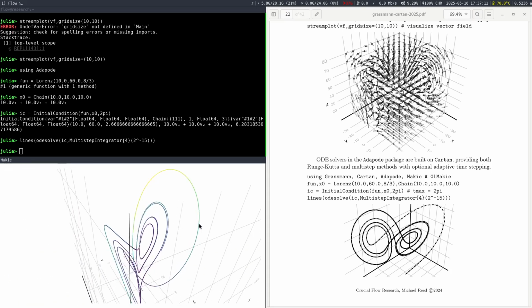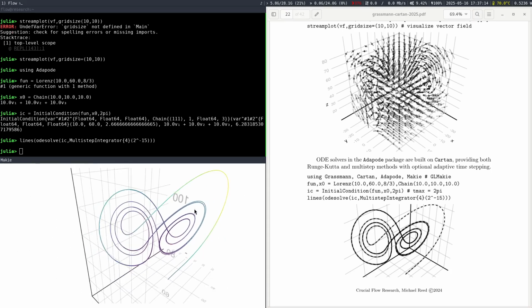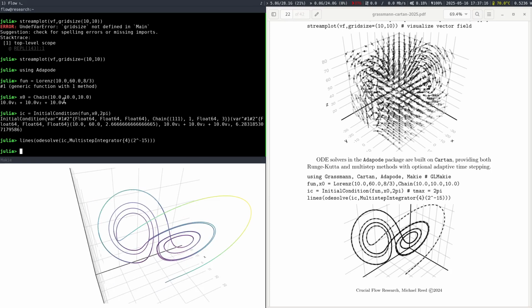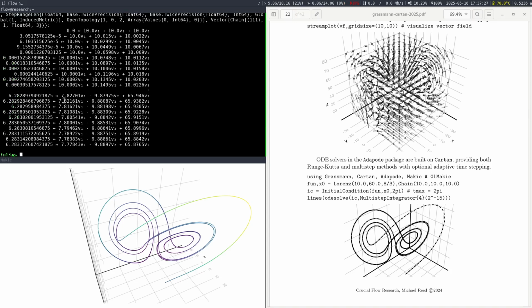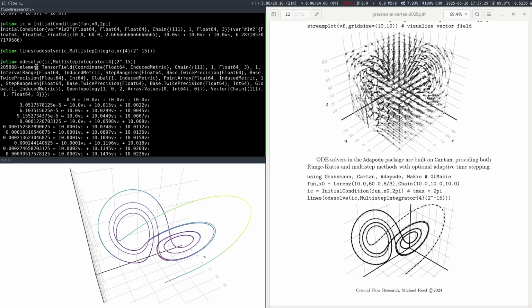So that solves it and gives a solution. And how does this work? Well, we're just visualizing it with the Makie software, but if you just run ODE solve by itself, this produces a Cartan TensorField, okay?